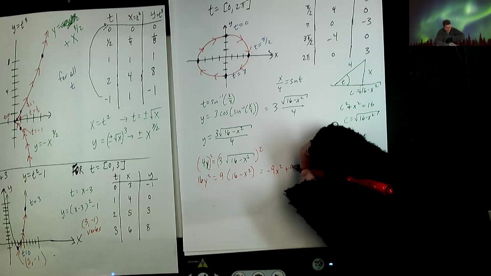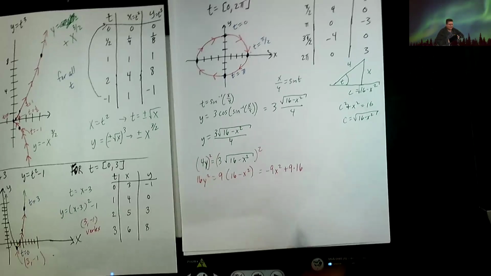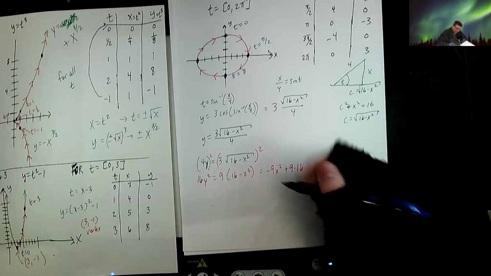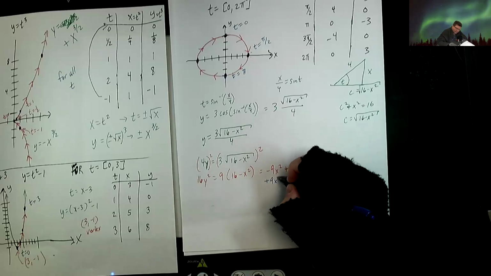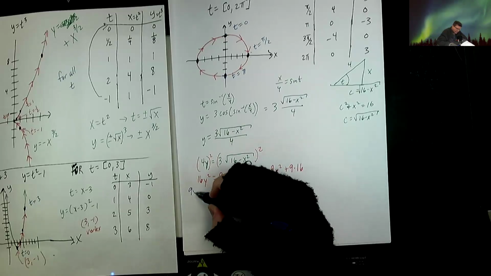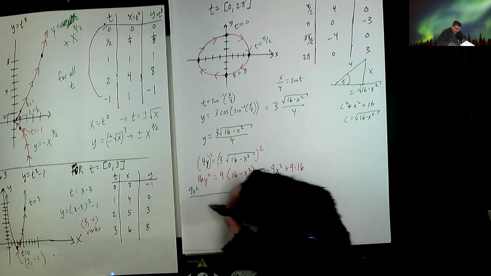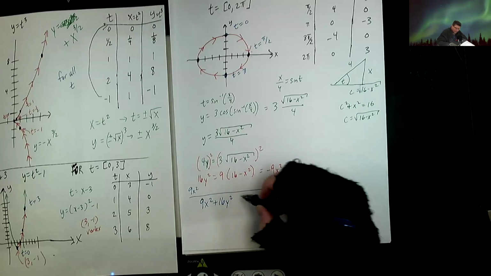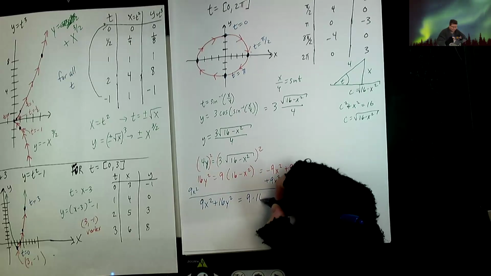I'm going to leave this as 9 times 16 because I remember how the equation of an ellipse looks. If we need to multiply out the 9 and 16 later, we can, but I don't think we do. Add 9x squared to both sides. You get 9x squared plus 16y squared equals 9 times 16.